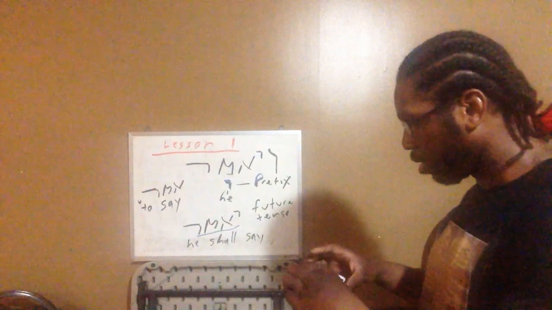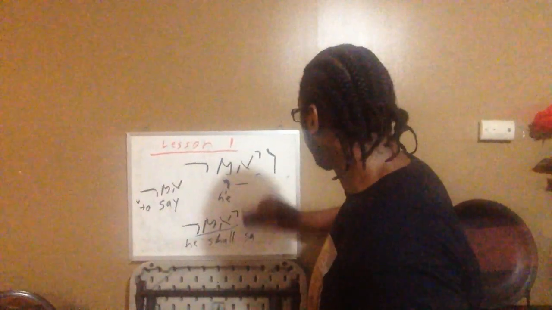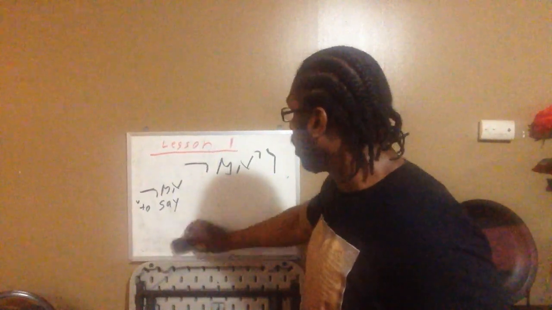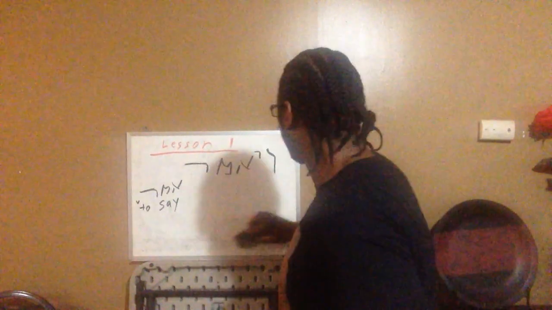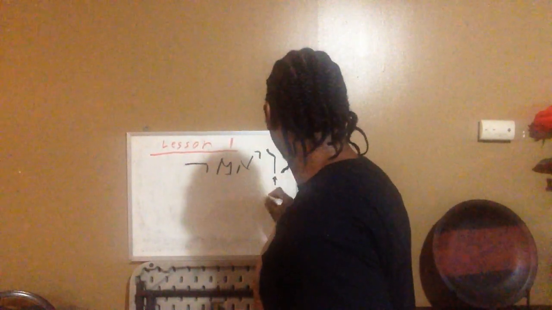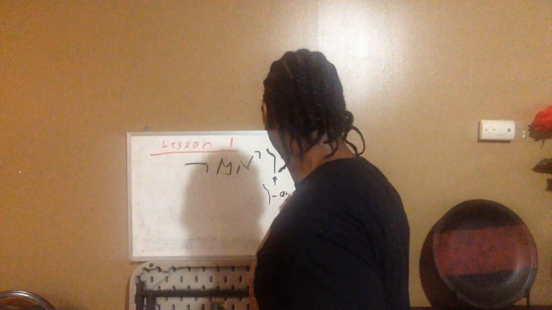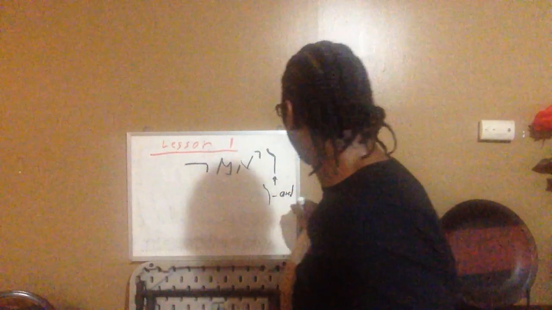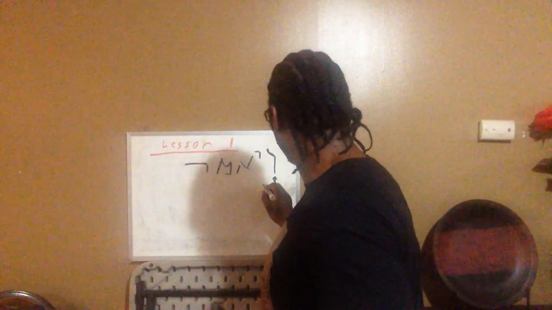So now, we're going to show you exactly what it means when I say to convert it. Now remember, Yah Amar means he shall say, and Amar means to say. Now, anytime this is known as a Y, it means and, A-N-D.